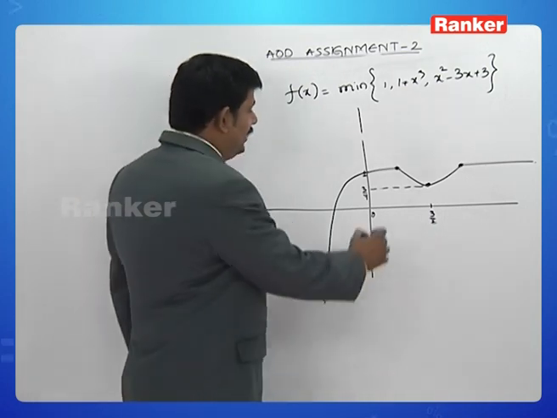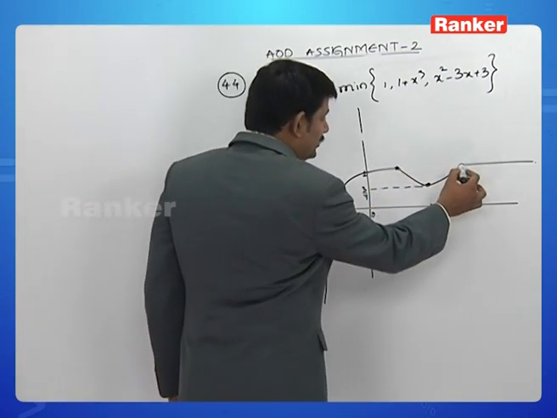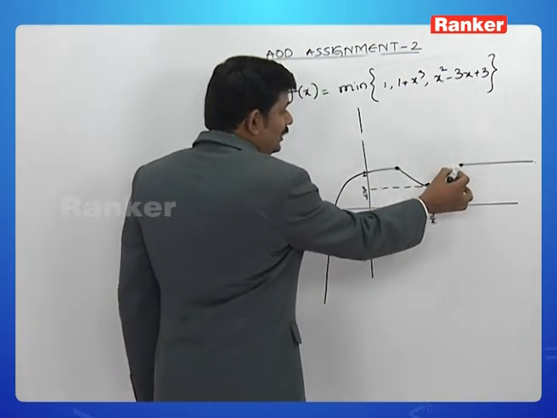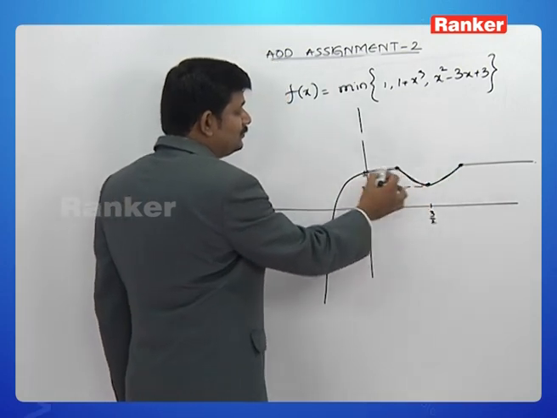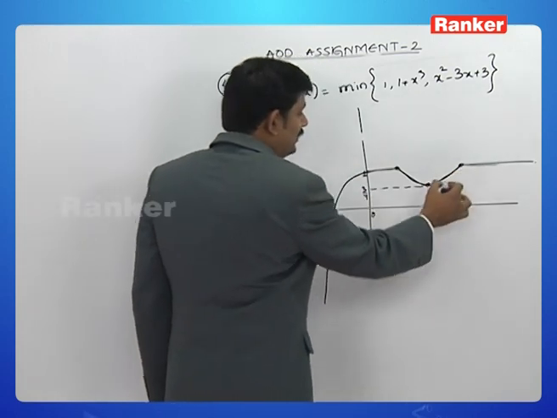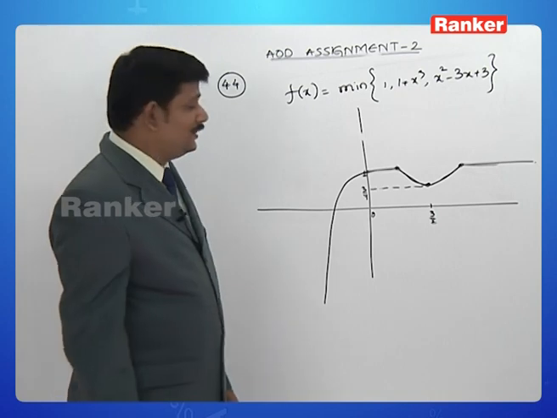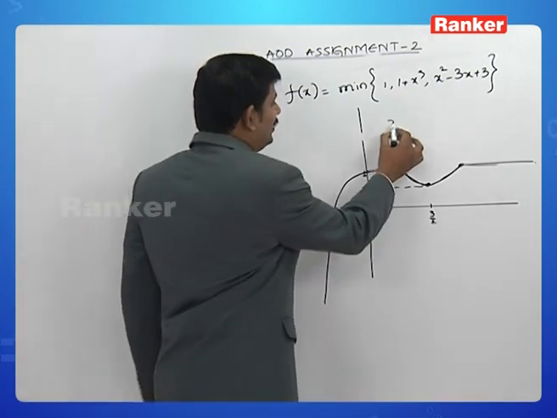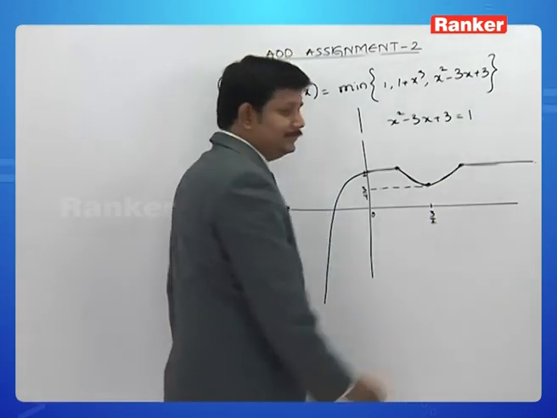So, this is the graph of f of x. Clearly, we have a point of non-differentiability at this point and this point, and these are the points where the quadratic is equal to 1. This is the line x equal to 1, and this is the graph of the quadratic. So, we have clear non-differentiability at the points where x square minus 3x plus 3 is equal to 1.